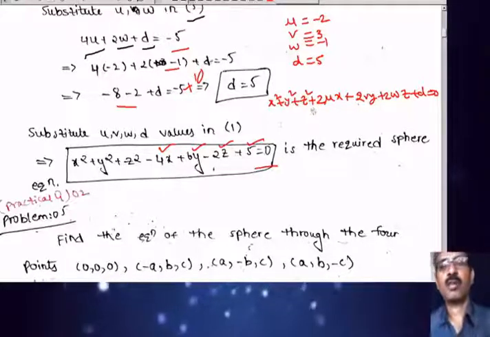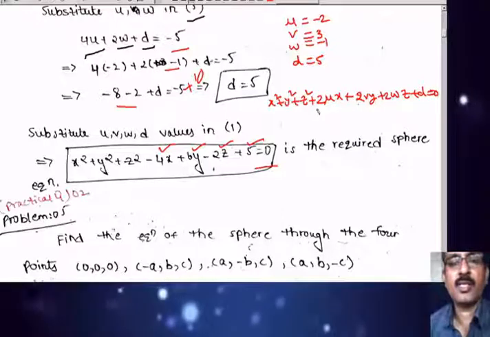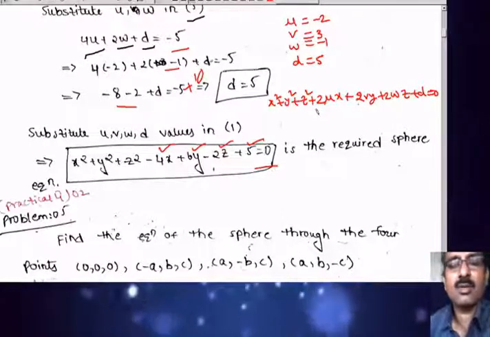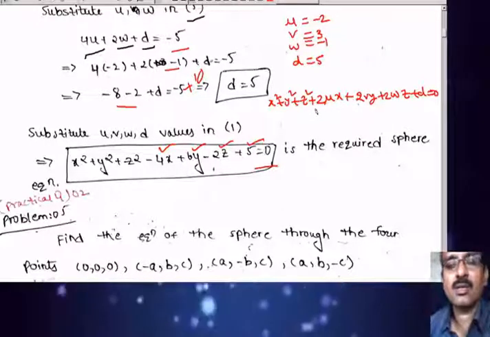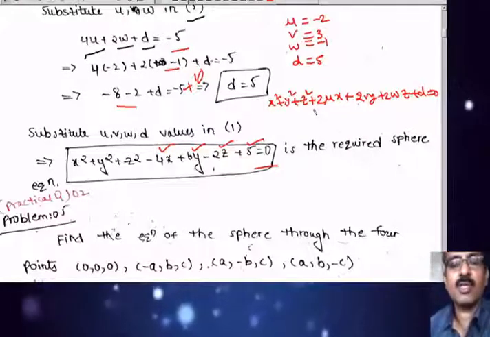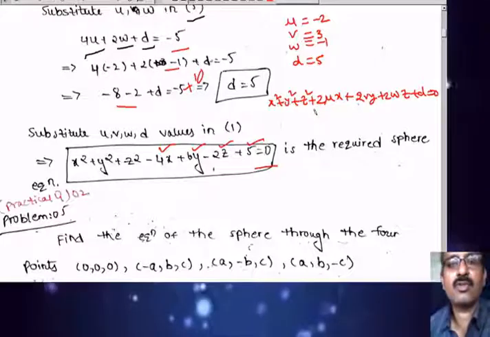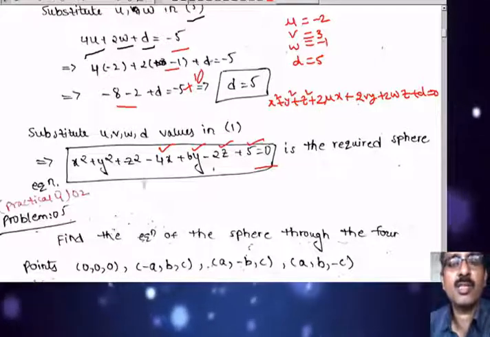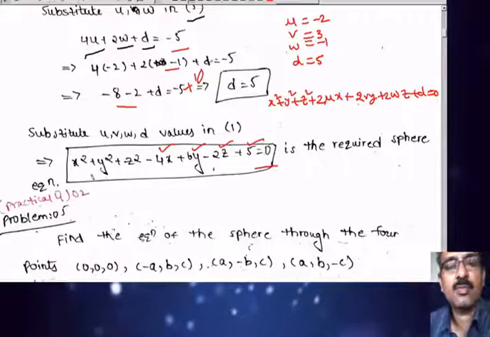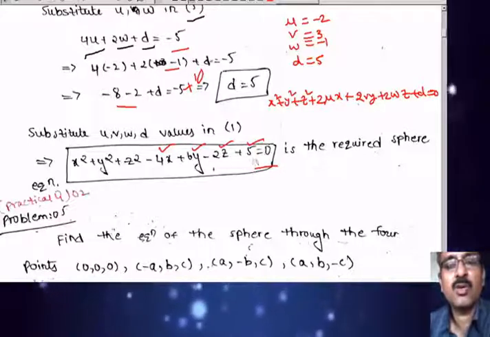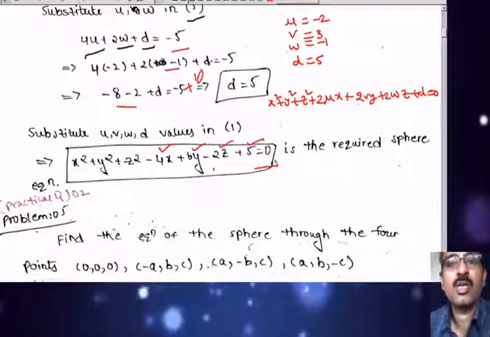So this is a very lengthy question. In examination, we can check whether the equation is correct or wrong by substituting the given coordinates a, b, c, d. If we substitute, the left side should be 0 in each case.